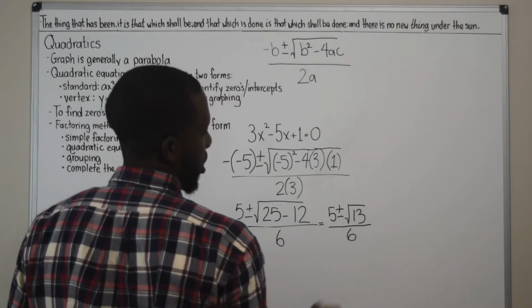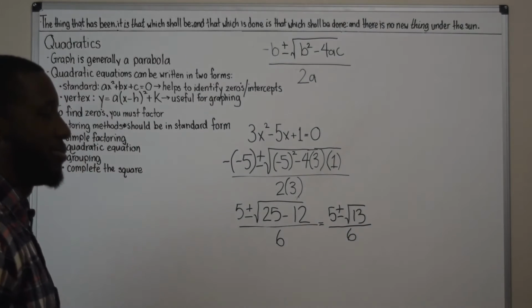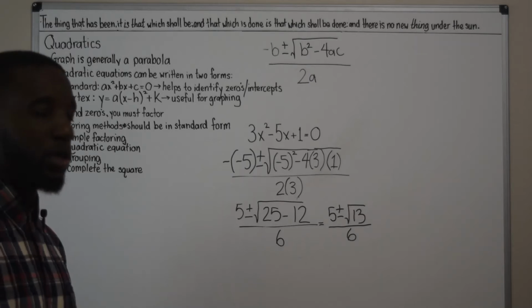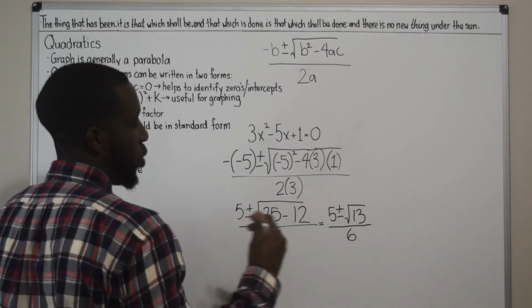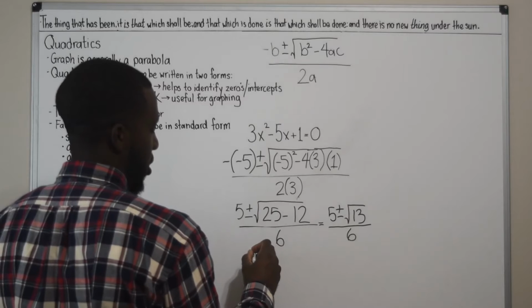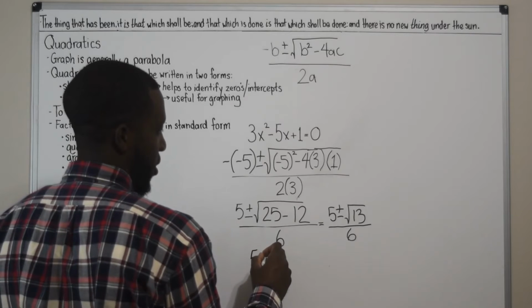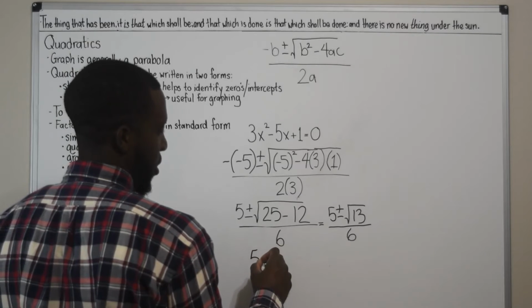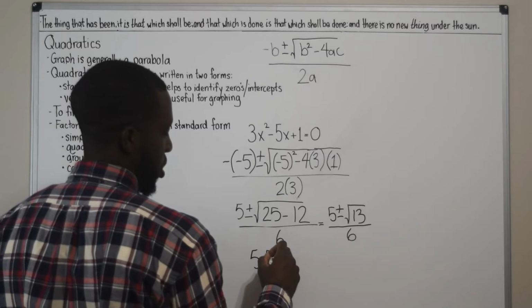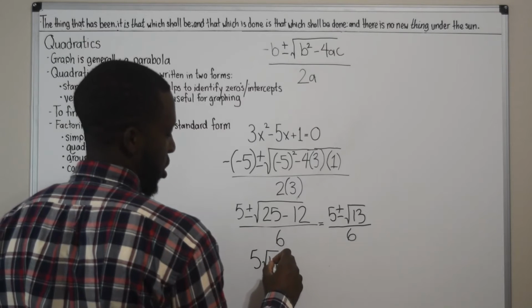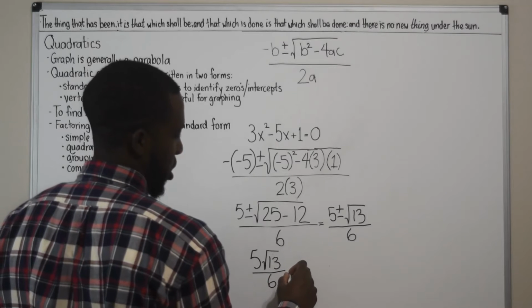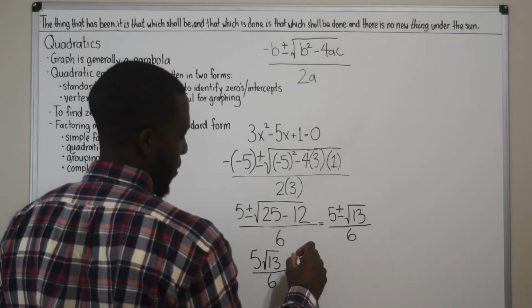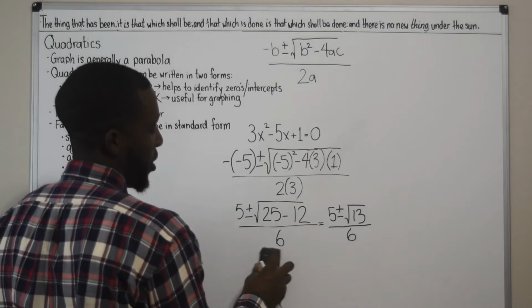What's the square root of 13? Well, it's not a perfect square, so we're just gonna leave it as it is. So our two zeros, our two intercepts are going to be 5 square roots of 13 over 6. And, oh, sorry, no, that's not right.